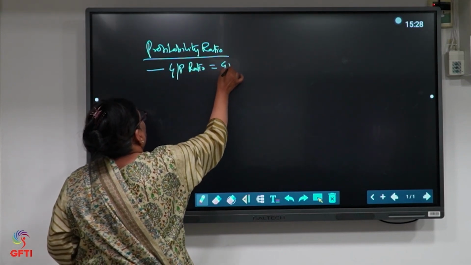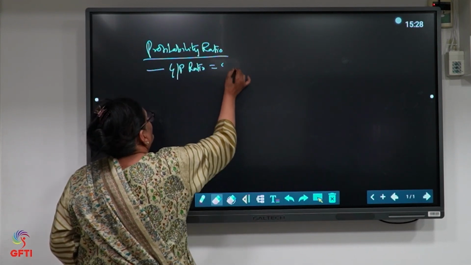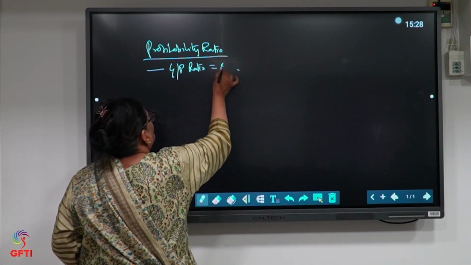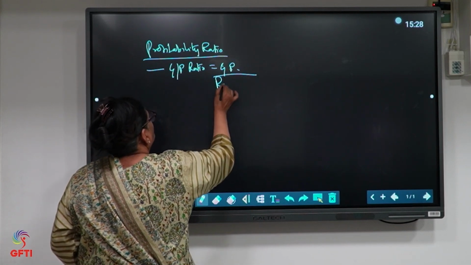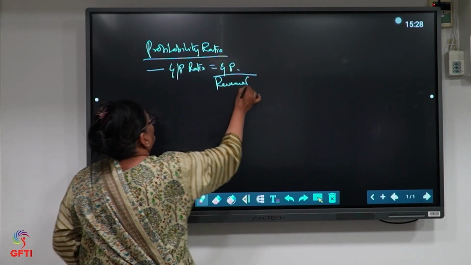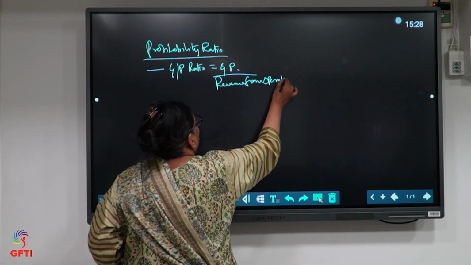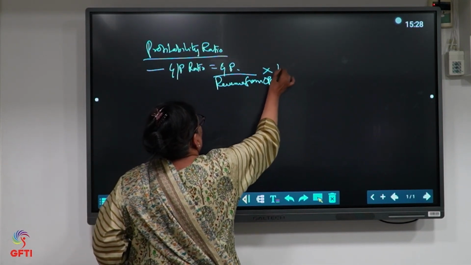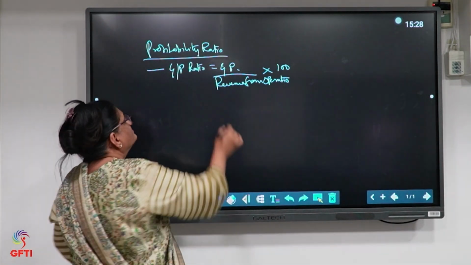That is gross profit divided by revenue from operations into 100. All your profitability ratios are multiplied by 100.